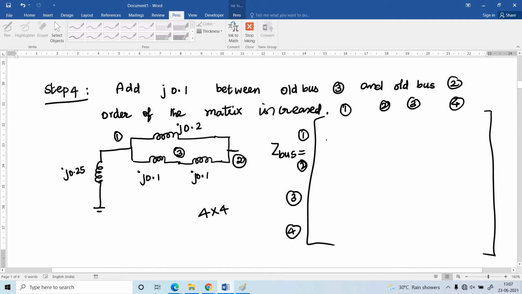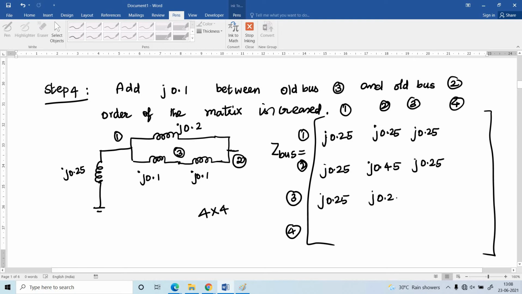So the 3 cross 3 old matrix, you have to write it again. j 0.25, j 0.25, j 0.25, j 0.25, j 0.45, j 0.25, j 0.25, j 0.25, j 0.35.